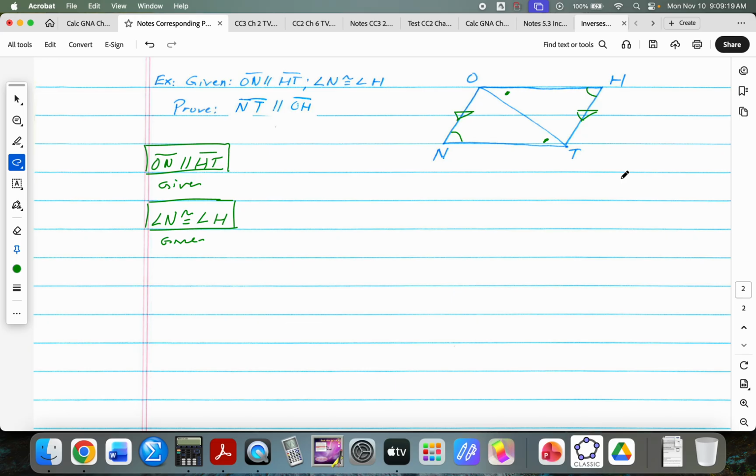Because if those two angles are congruent to one another, then by the converse of the alternate interior angles theorem, OH and NT would be parallel to one another.